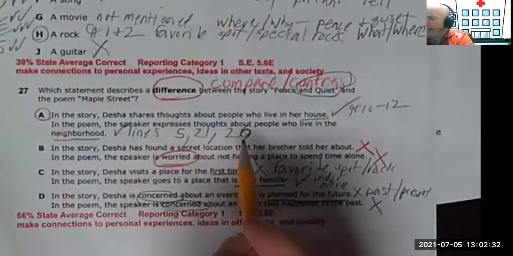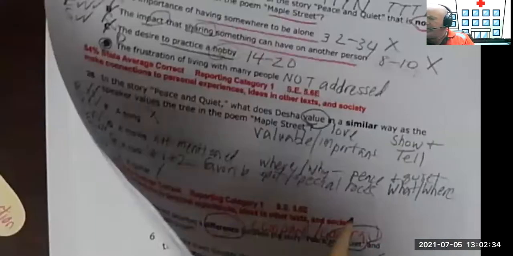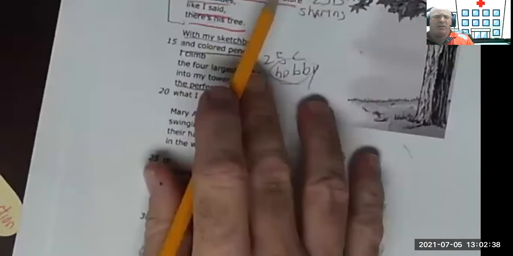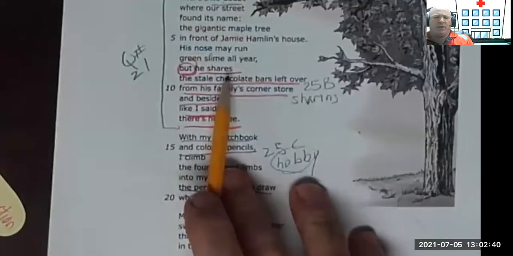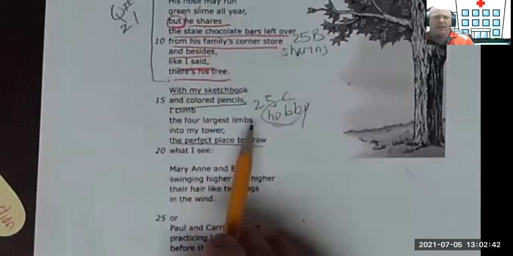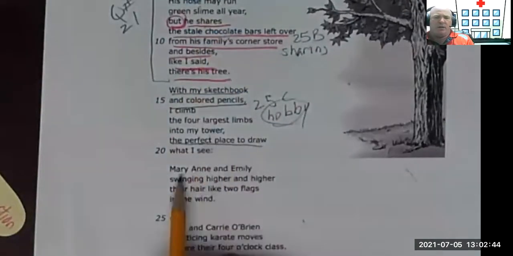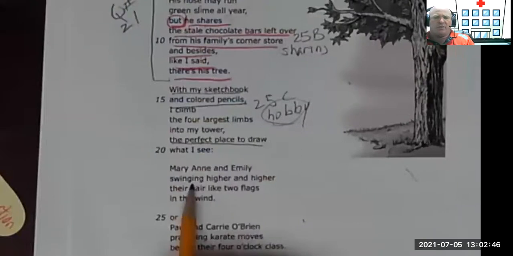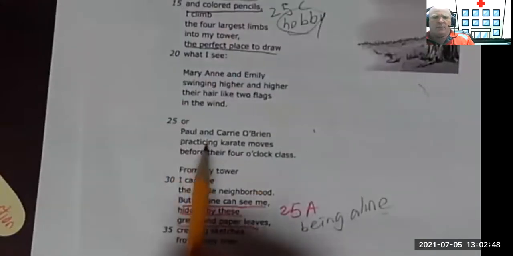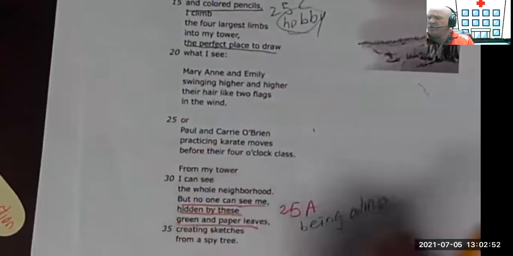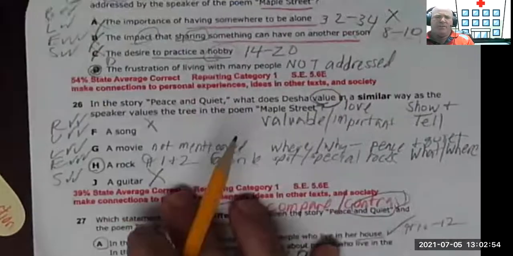Let me show you that real quick. Line 5 is talking about Jamie. Line 21, Mary Ellen and Emily swinging. Line 26 is Paul and Carrie O'Brien doing karate moves. And so those are people who live in the neighborhood.